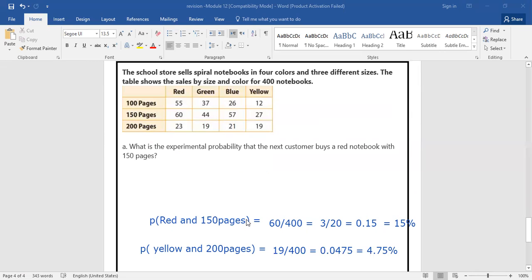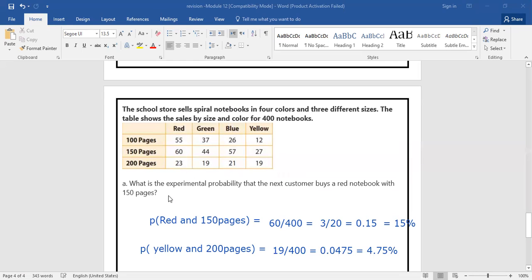I'm looking for the probability of red or green with 150 pages.